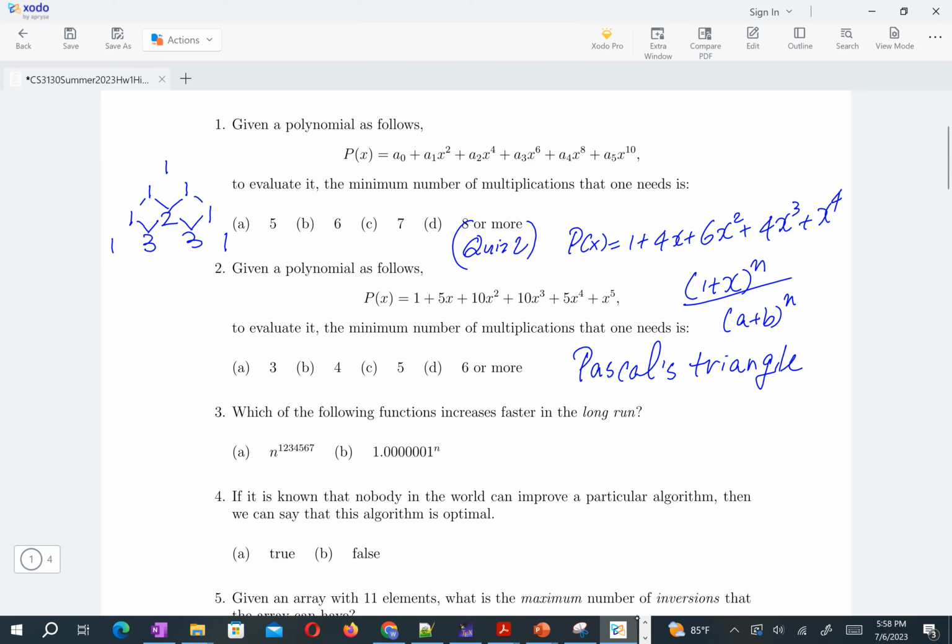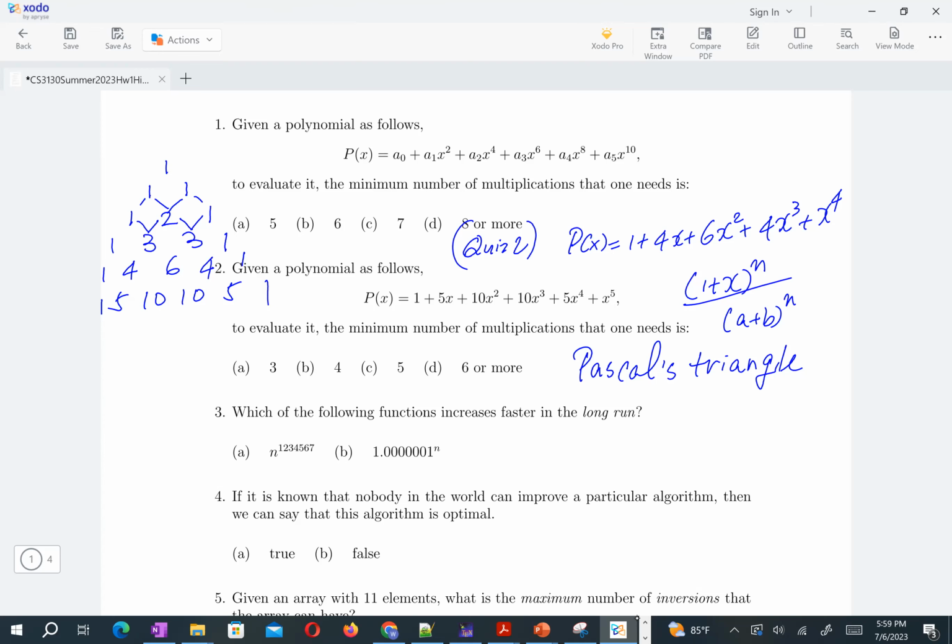Then 1, 4, 6, 4, 1, and so on. The one we need here, 1, 5, 10, 10, 5, 1. So that's the pattern for Pascal's triangle.